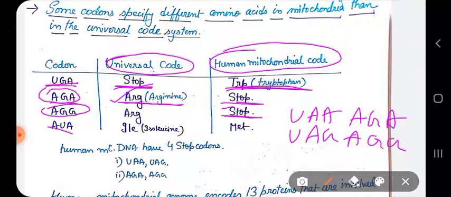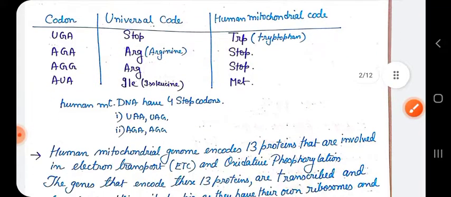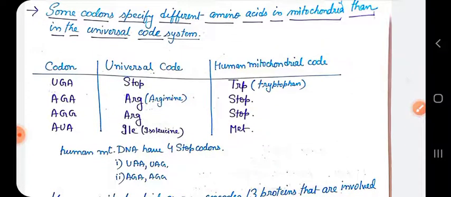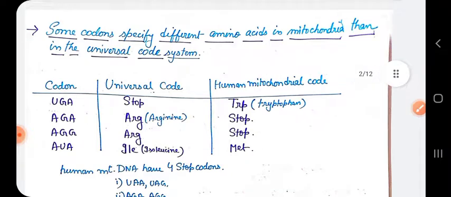AUA, which normally codes for the amino acid isoleucine, codes for methionine, the start codon, in the mitochondrial genome of human. So, just as I have said, they are not following the same universal codon system as we have seen in nuclear DNA.